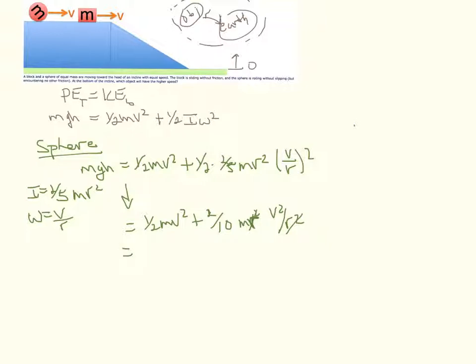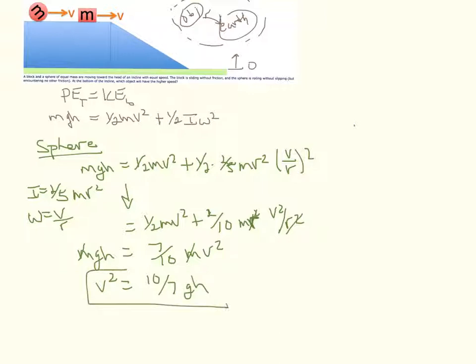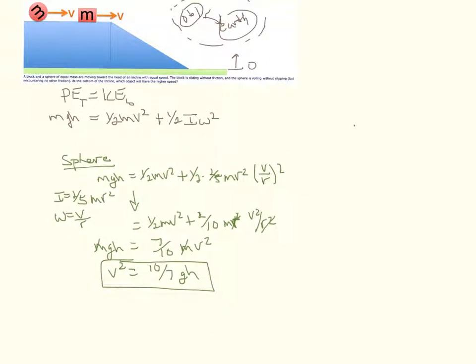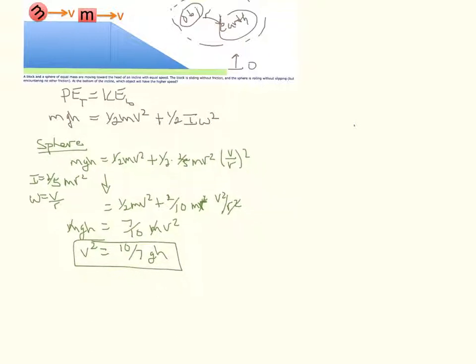So I get 1/2 plus 2/10. 1/2 is 5/10, so 5/10 plus 2/10 is 7/10 mv squared equal to mgh. Now I have m on both sides, and so v squared for the sphere is equal to 10/7 gh. So this is at the bottom of the ramp: the speed squared will be 10/7 times gh. Okay, so that's the sphere.